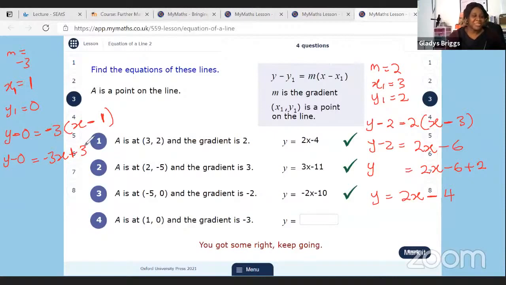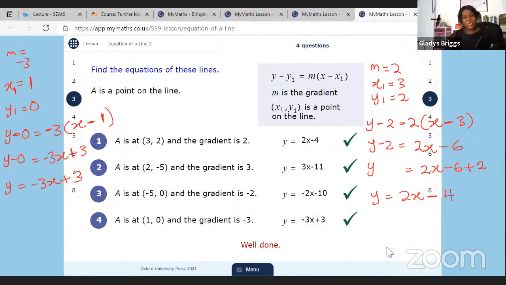Yeah, minus 3 times minus 1 is plus 3. Now y is equal to 0 minus 3x plus 3. Yeah, should we try that? Let's try that. Yay, we got it. So write the solution down. Write it down, everybody.